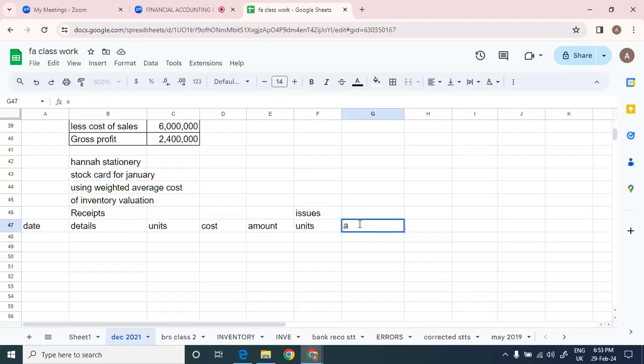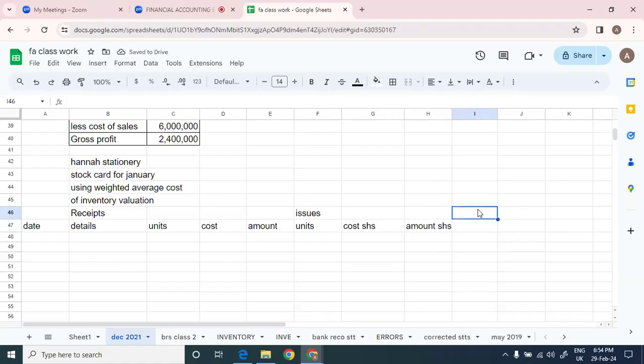We have cost in shillings. Please don't be forgetting that. Then we have our amount, also in shillings.